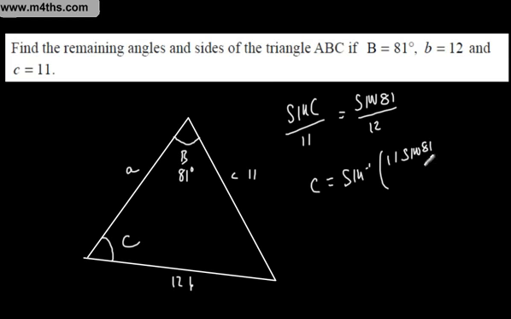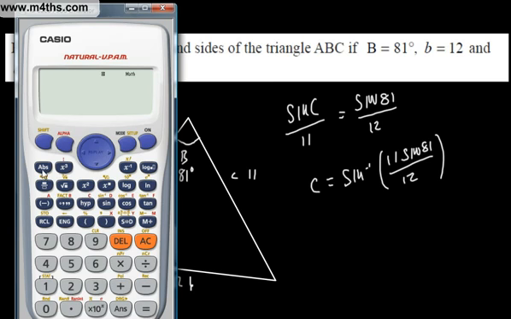Let's grab a calculator. We need to be in degrees mode, which we are. So shift sine of 11 sine 81 over 12, and this will give us that angle right there.